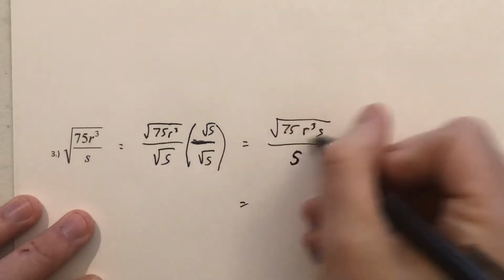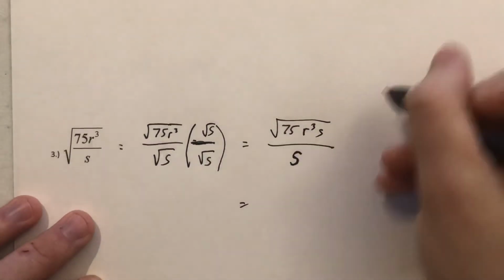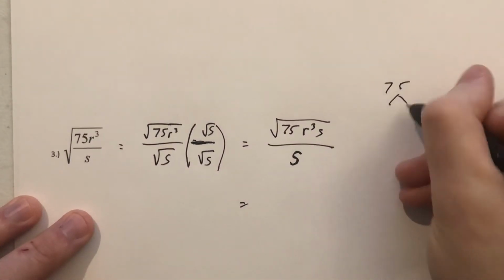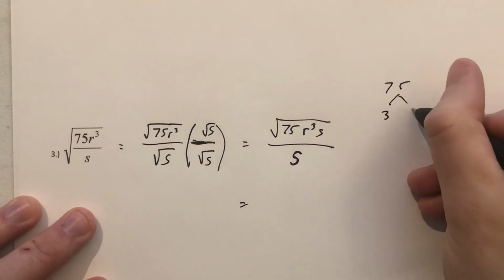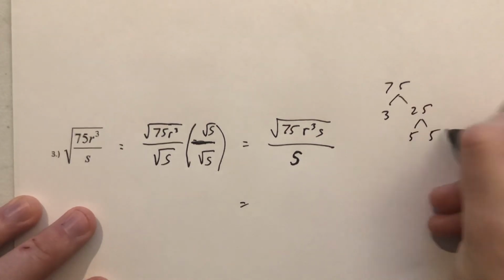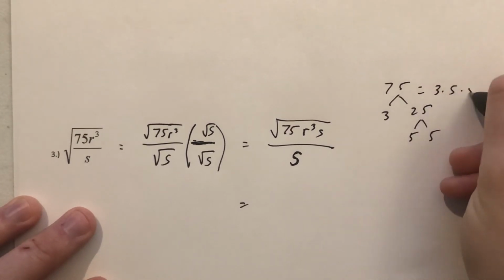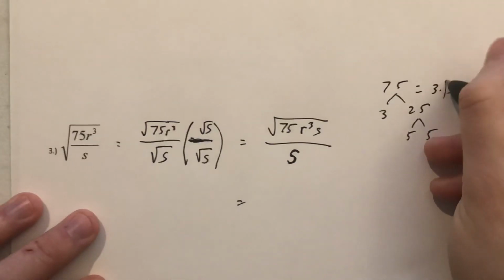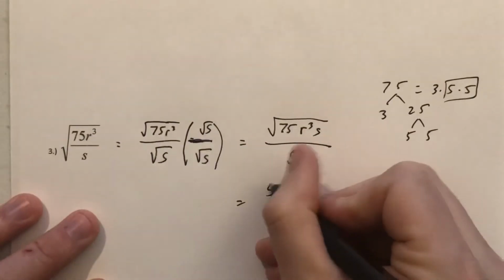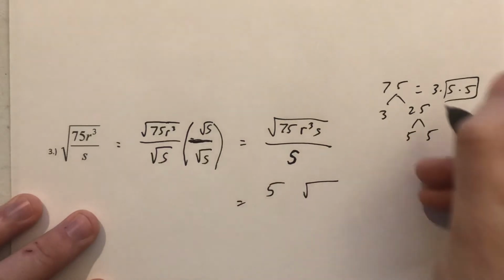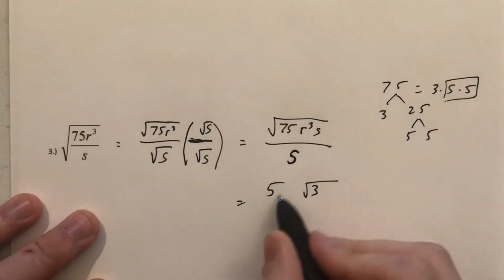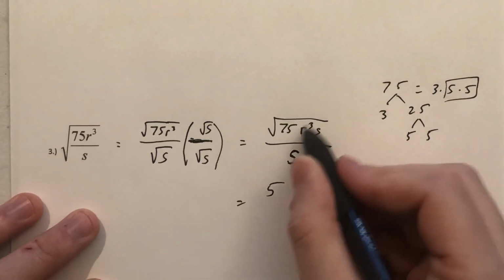But now look at the inside of this radical, and we can simplify. First of all, 75 breaks down to 3 and 25, and 5 and 5. So if that's 75, a square root would mean that 5 could come out, and the 3 would be left inside. I left a little room here because we also have an r cubed.